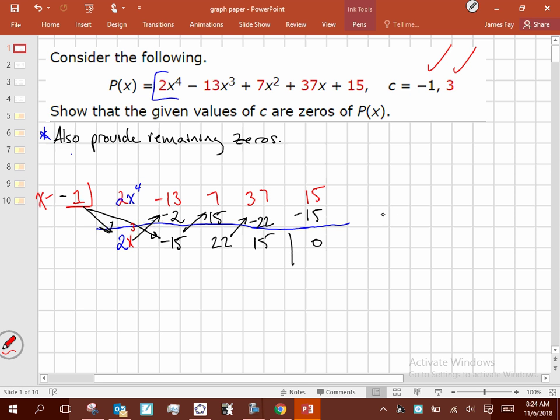So what this means to us is now p of x is actually the same thing as x plus 1, x minus the negative 1, and now times 2x cubed minus 15x squared plus 22x plus 15. All right, so I just start with x cubed. This becomes x squared, x to the first, and now my new constant. Does that make sense, everybody?